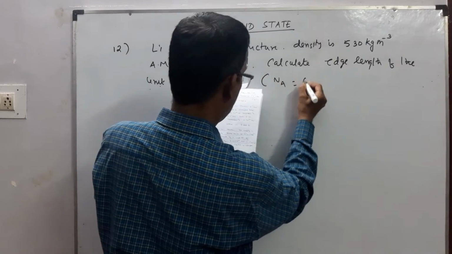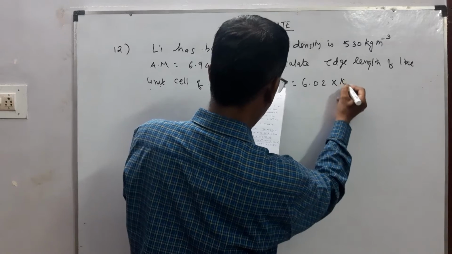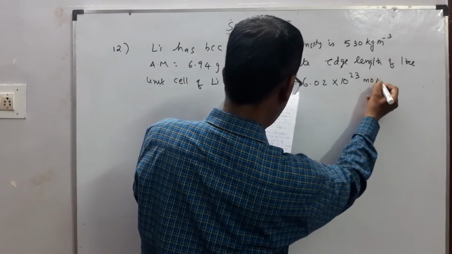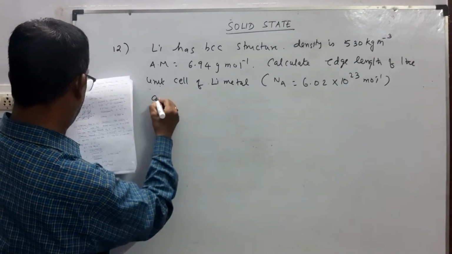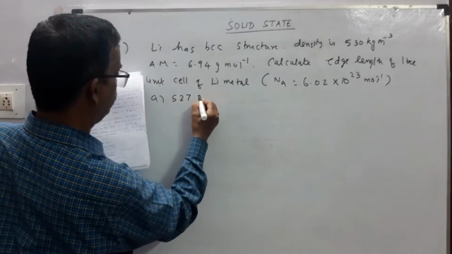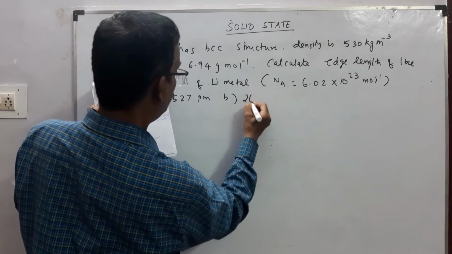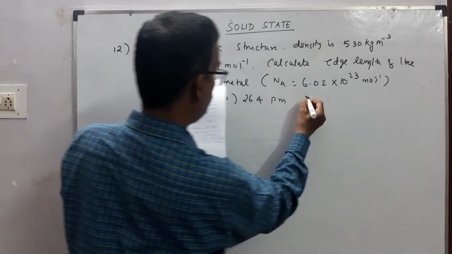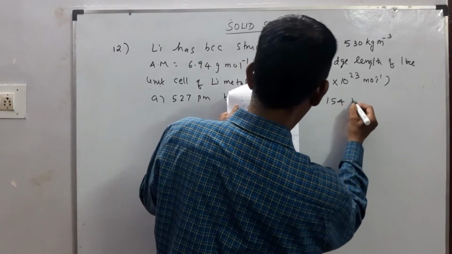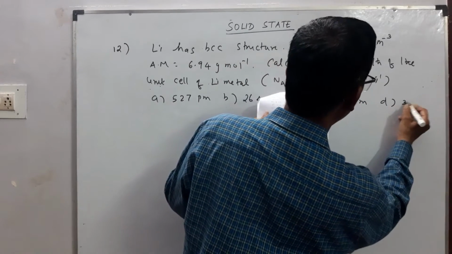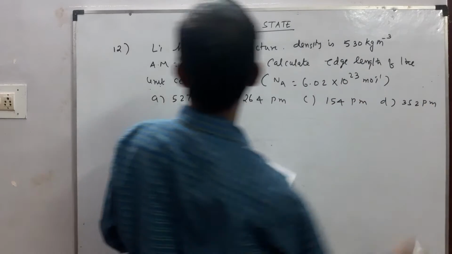Given Avogadro number 6.02 into 10 to the power 23 per mole. Option A, 527 picometer; B, 264 picometer; C, 154 picometer; D, 352 picometer.